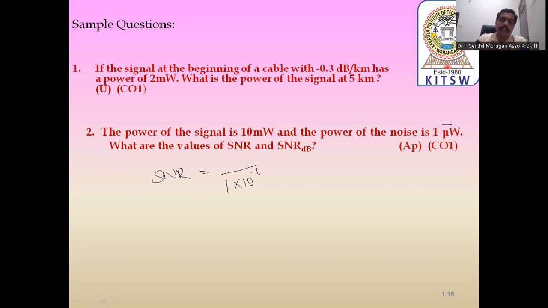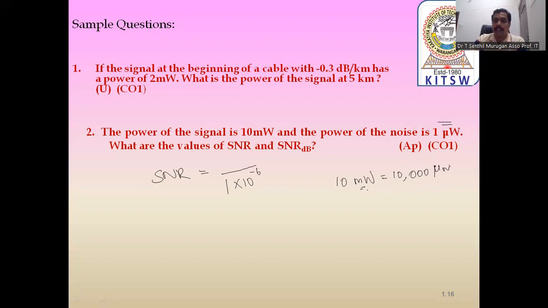Here the signal power is 10 milliwatts. We can convert 10 milliwatts into microwatts. How? We multiply by thousands.